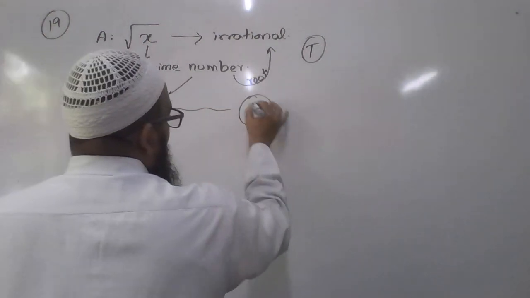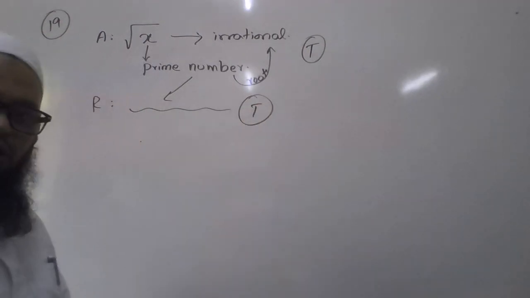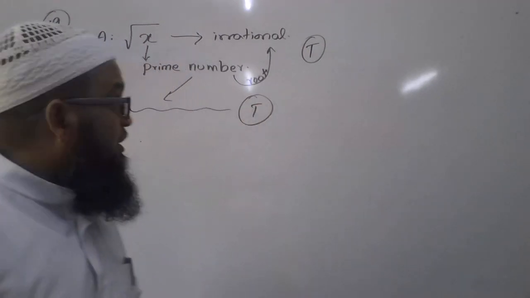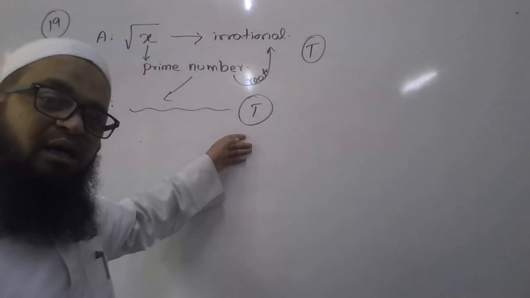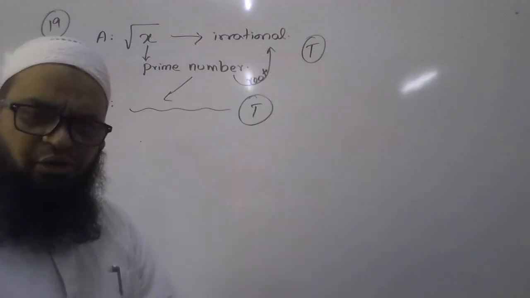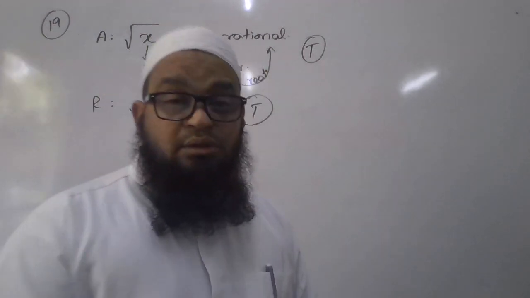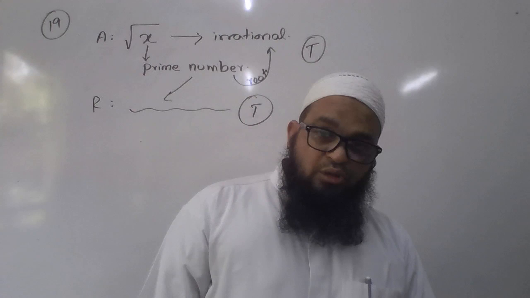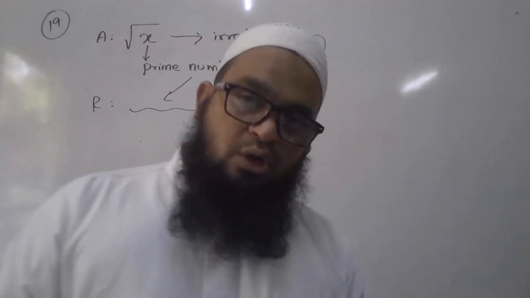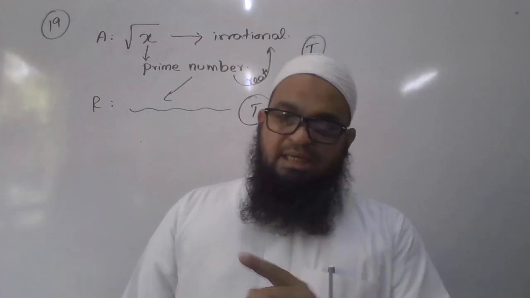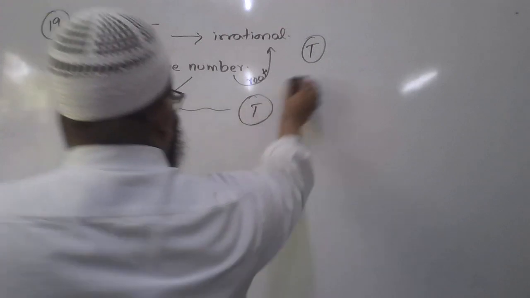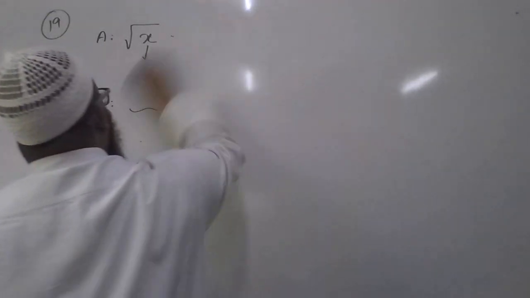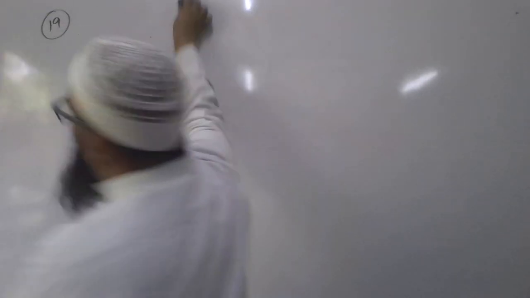So the reason is also true. When both are true, and this is the correct explanation, the answer is: both assertion and reason are true, and reason R is the correct explanation of assertion.